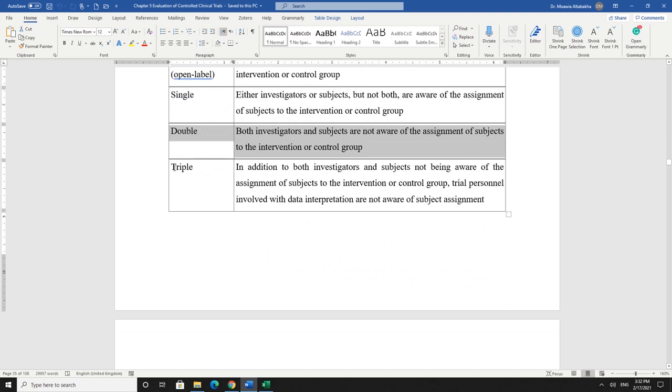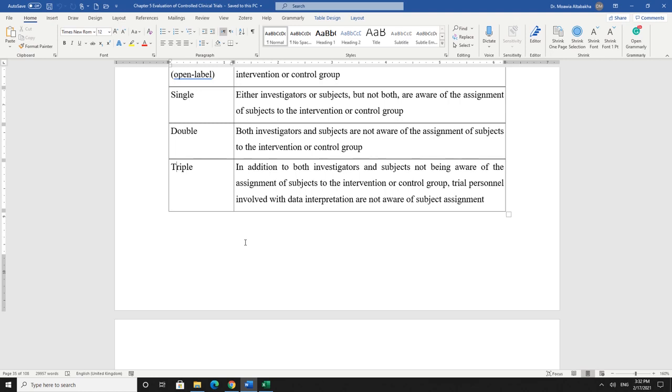Now, triple blinding. This is not a new thing, it's a different thing, in order to assure the readers that everything was done properly. I can be an investigator and you can be the one who collects the data. For example, you are administering the drug, you are measuring the blood pressure.